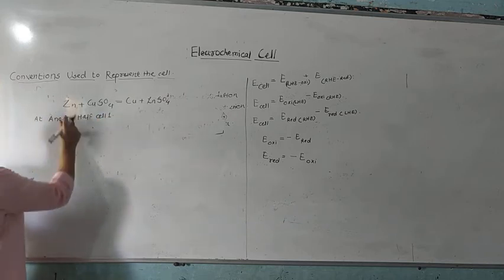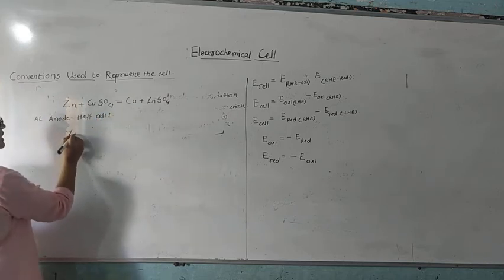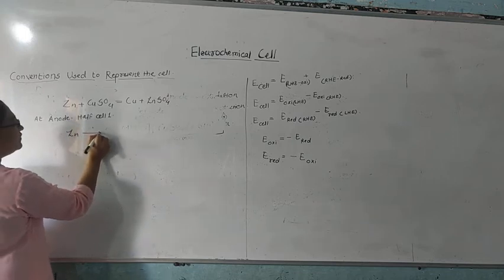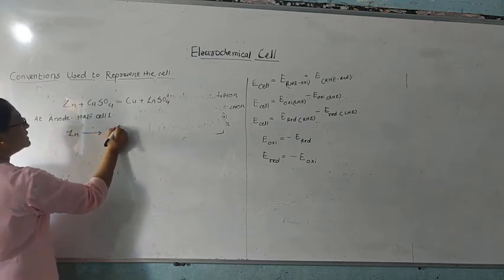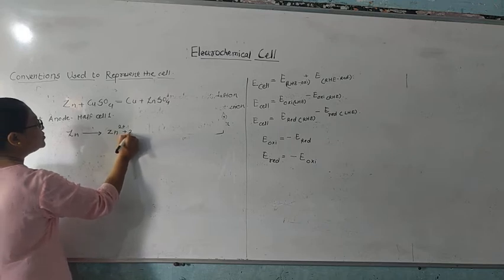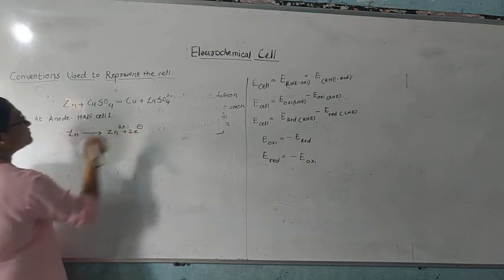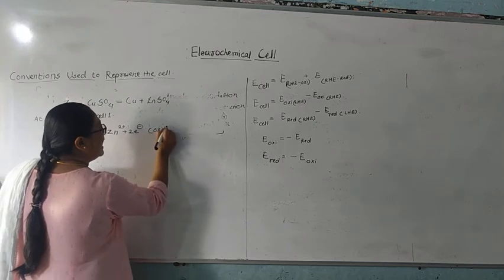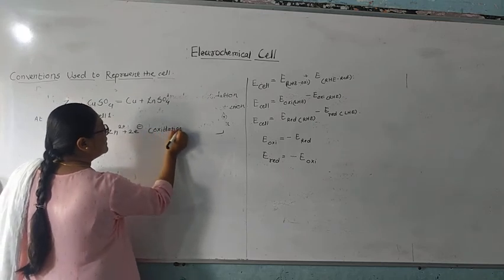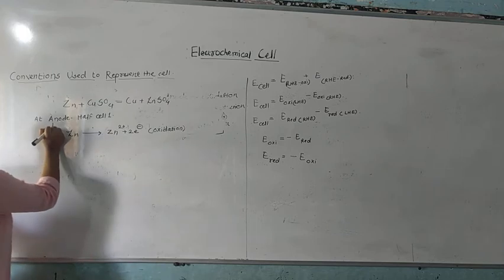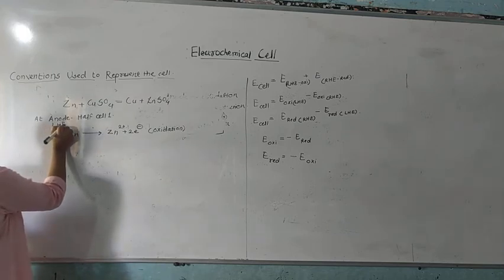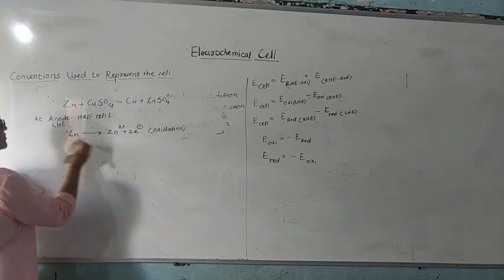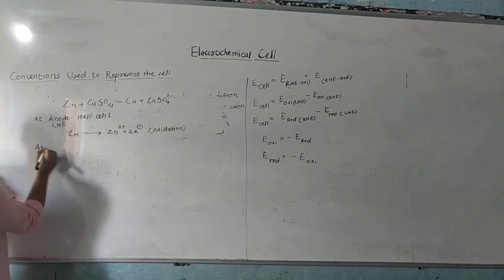The reaction that takes place will be zinc giving rise to zinc 2 plus and 2 electrons. This is the oxidation reaction that is occurring at the anode, or we can write this as at LHE. So this is the reaction at LHE.